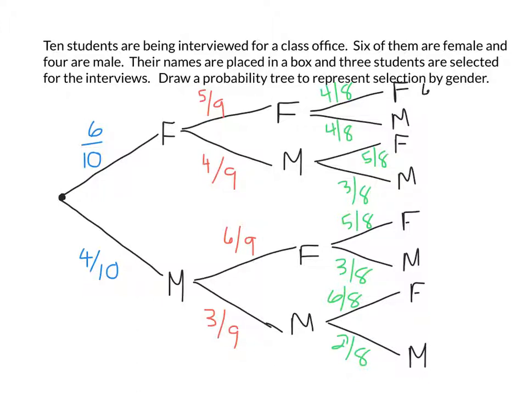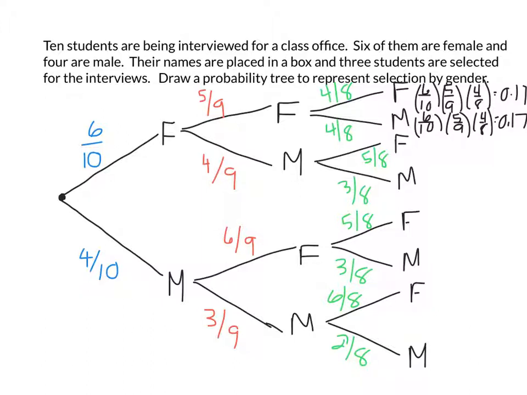Okay, our next step is to make sure that when we multiply these together, they give us 1. So we'll have 6 over 10 multiplied by 5 over 9 multiplied by 4 over 8, and that'll give us 0.17. On the next one, we have 6 out of 10 multiplied by 5 over 9, 4 over 8, which will be the same as the first one, which will be 0.17.